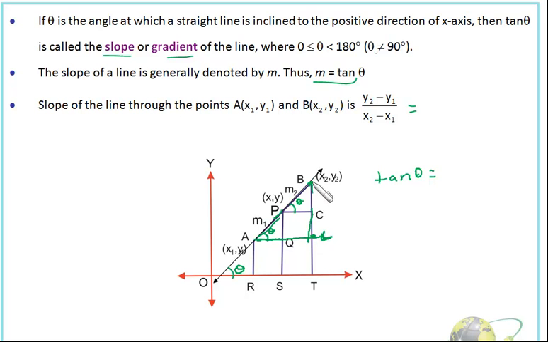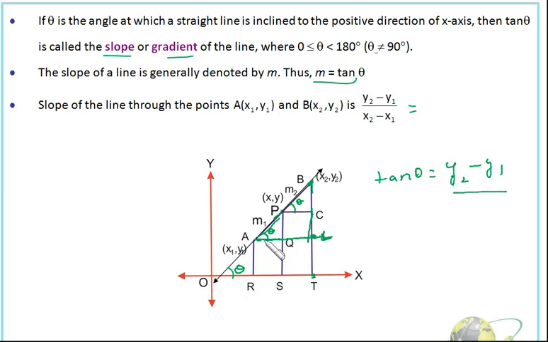How can we calculate this length? From this point to this point minus from this point to this point. The total length from this point to this point is nothing but y2, and from this point to this point it is y1.